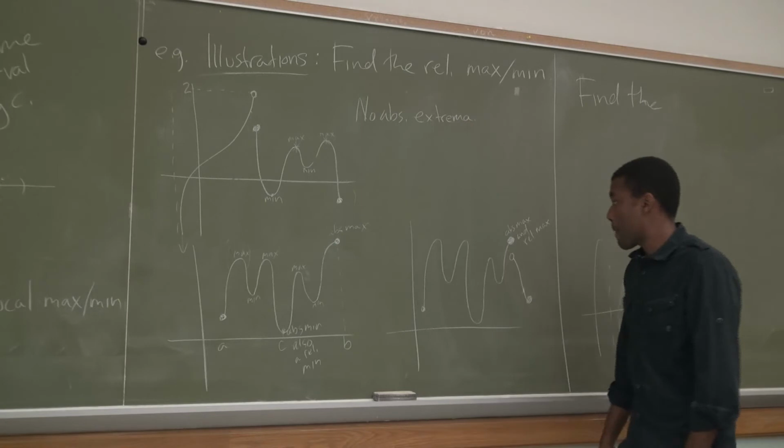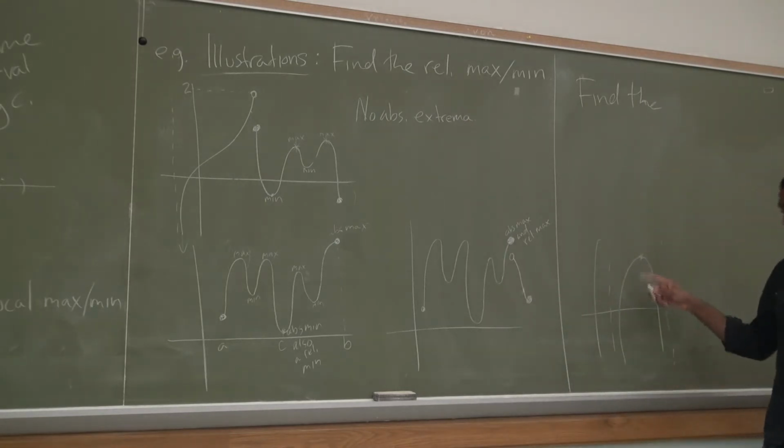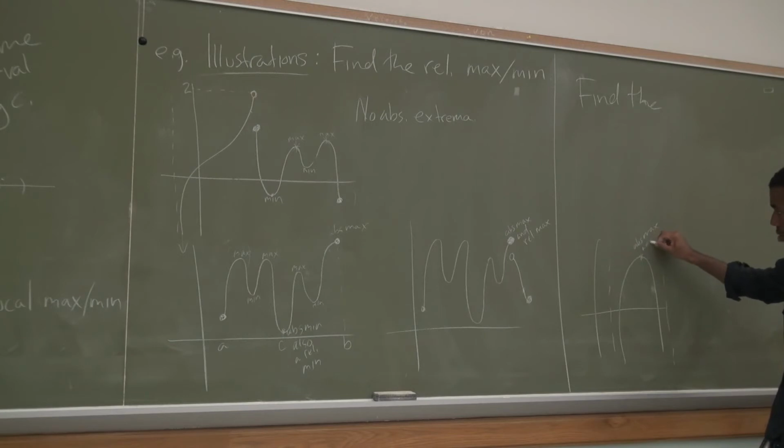Which one? The one you just did. This is also a relative maximum, yes. This is both an absolute max and relative max. There is no absolute min. There's no relative min either.